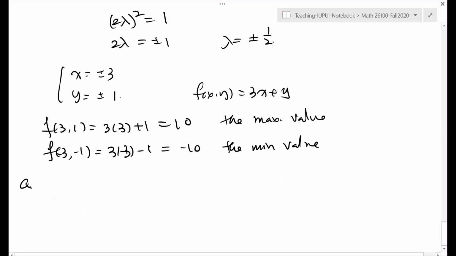All right, let's try problem number 6. The function is going to be x times e to the y, and the restriction is still on the circle.